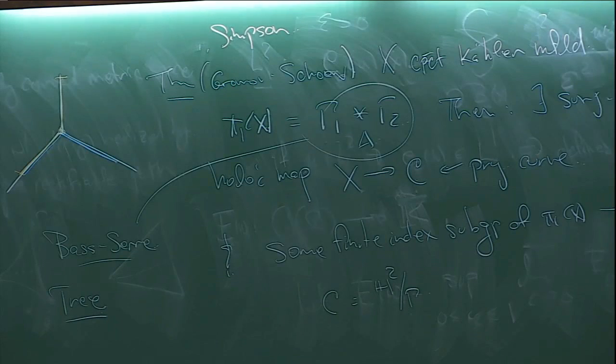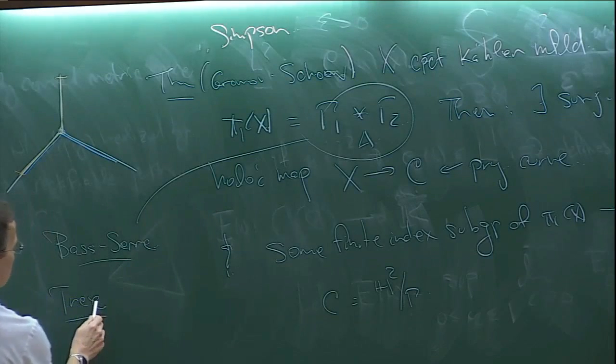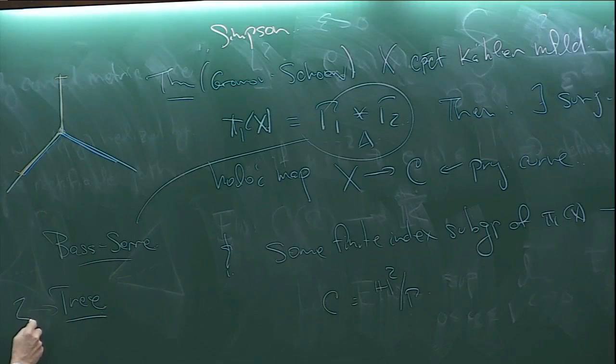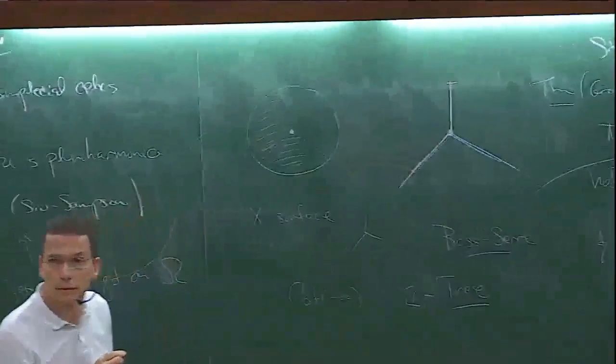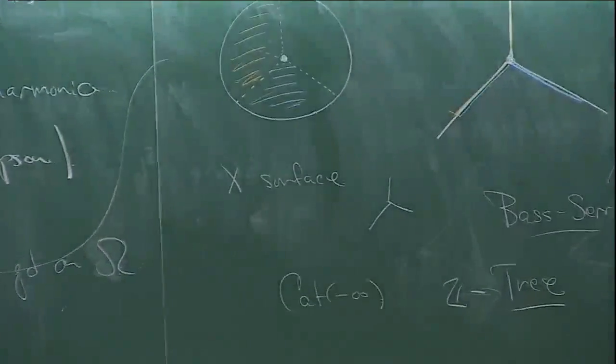Right. I have to hurry up here a little bit. So in this case, the relevant NPC space here is a tree. A simplicial tree, which I'll call an R-tree, actually. And that's an example of an NPC space. In fact, it's CAT(minus infinity) because all geodesic triangles are completely degenerate. And so it's got as negative curvature as you like.